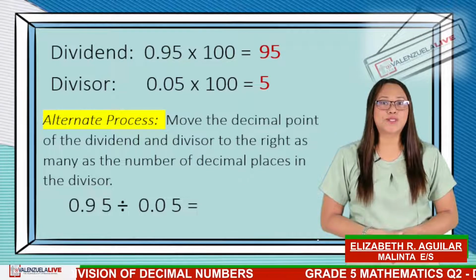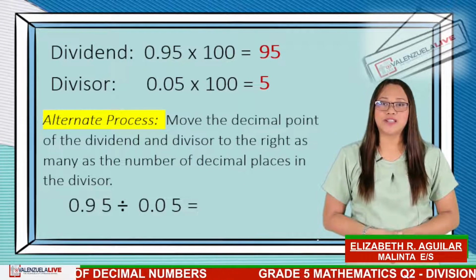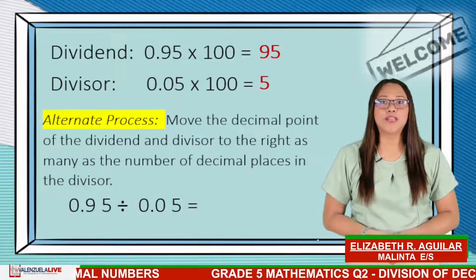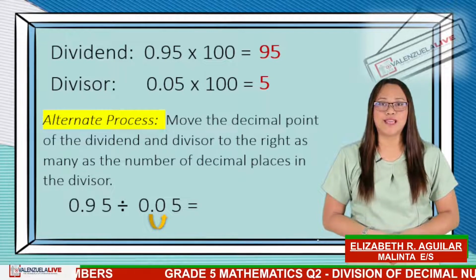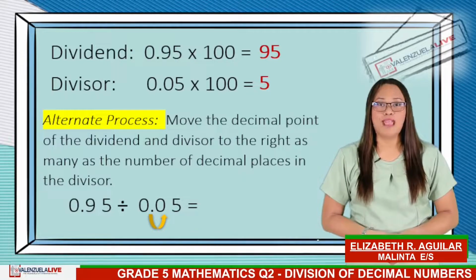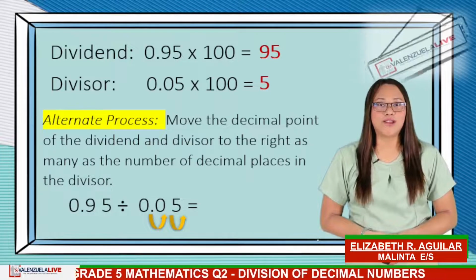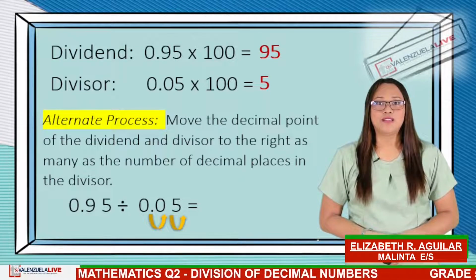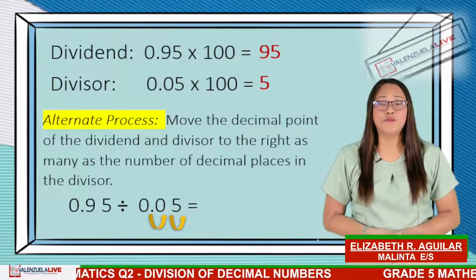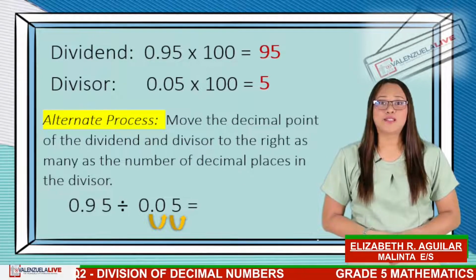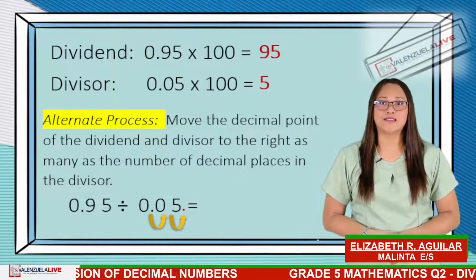So we need to make the divisor a whole number. We need to move 2 places to the right to make our divisor a whole number. So we also need to move our dividend 2 places to the right.